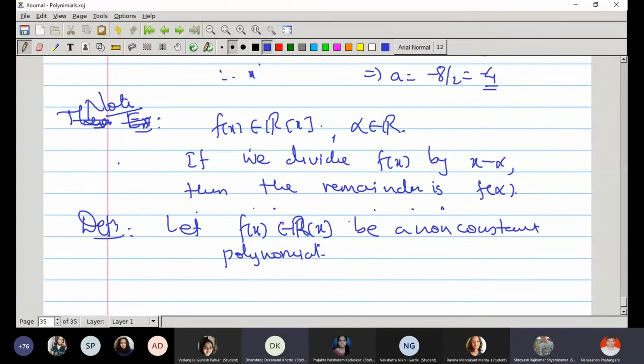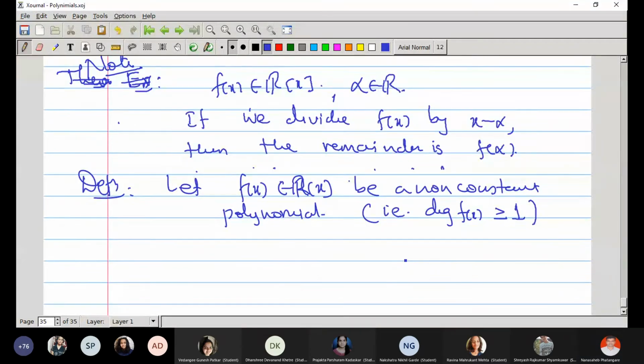It means the degree of f of x is greater than or equal to 1. If the degree is 1, that is also fine, but the degree should not be 0. A number, I should not say real number, because a root can be a complex number.